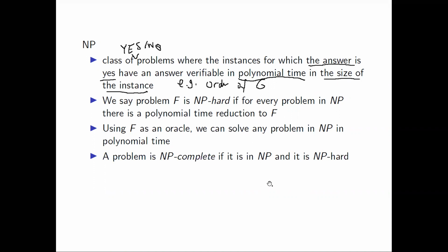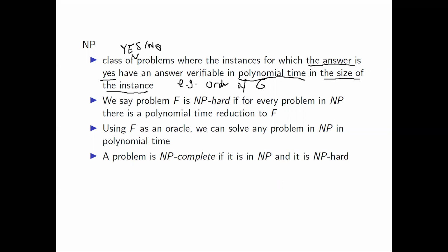So these problems that we've seen before that are in NP and they're NP hard, all of them we can call NP complete. One example that we saw in last week's videos was the crossing number. Given some graph G, the problem of determining whether or not the crossing number of G is less than or equal to K, for some given integer K, is an NP complete problem. It's in NP and it's NP hard.